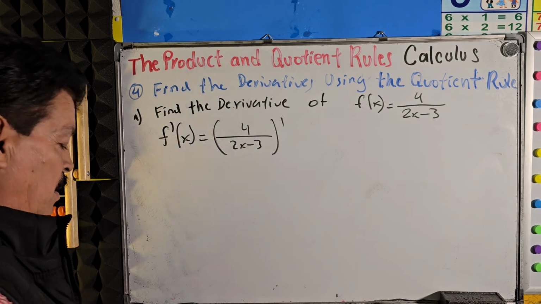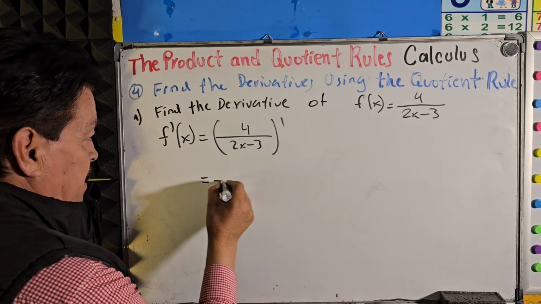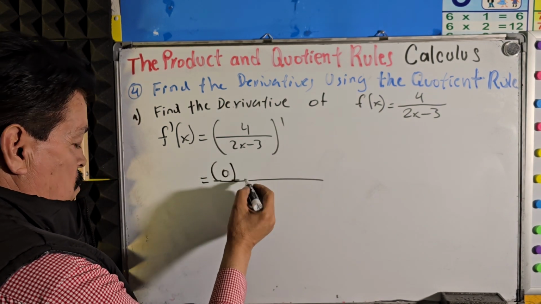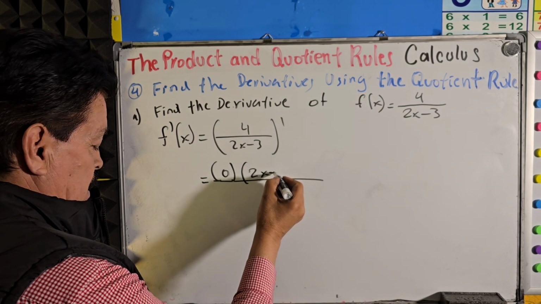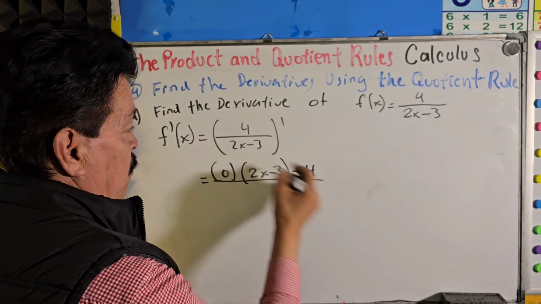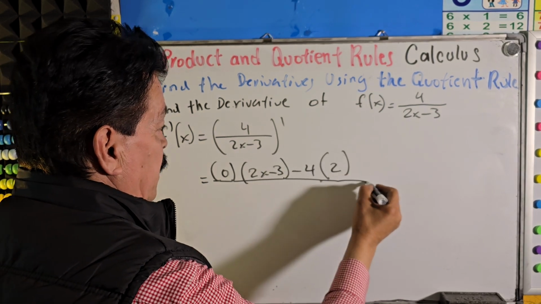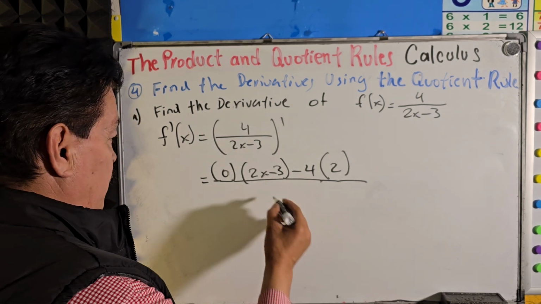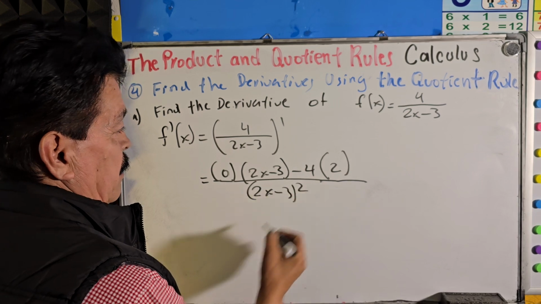Okay, next step, of course, the first one right here, we will have 0 times 2x minus 3, minus 4 times 2, divided by 2x minus 3 to the second power.